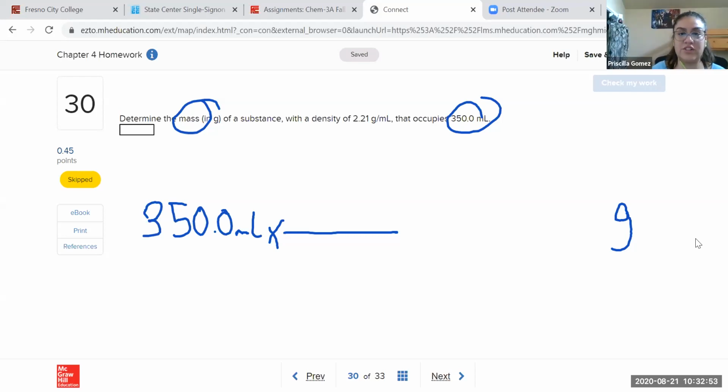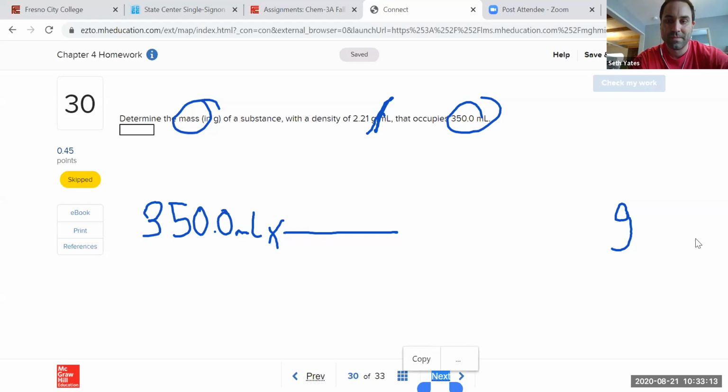The 2.21 grams of milliliters. Yep, so that's it. That's the ratio, 2.21 grams over 1 milliliter right here.